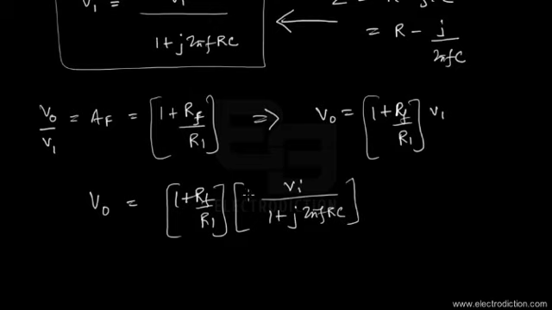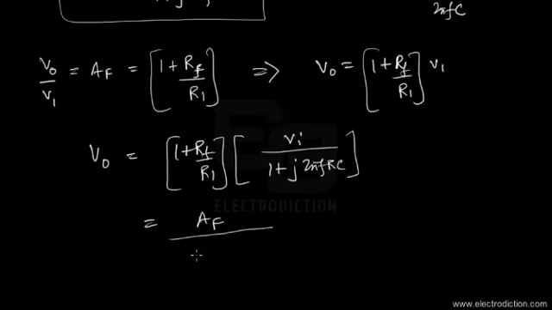Now if we put AF instead of 1 plus RF by R1, since that's kind of big, we shorten the expression a bit, and we land up with an expression of AF divided by 1 plus j times f by fH.